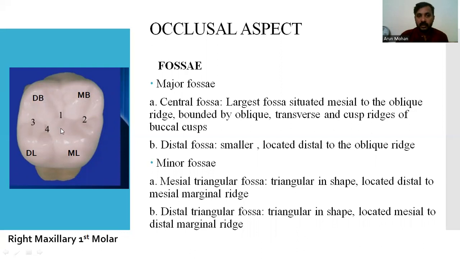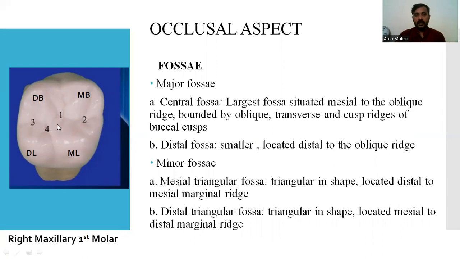This is the oblique ridge, if you remember, and mesial to the oblique ridge you will see the central fossa, which is the first major fossa and the largest fossa. It is bounded by the oblique ridge, the transverse ridge, and the cusp ridges, more specifically the distal cusp ridge of the mesiobuccal cusp and the mesial cusp ridge of the distobuccal cusp. Between these structures, you will see the central fossa.